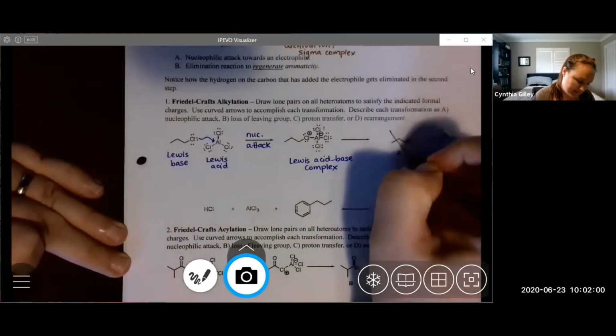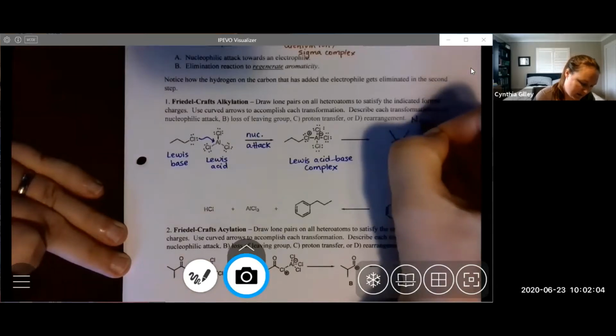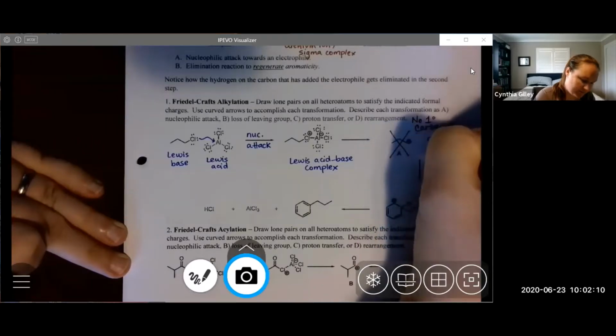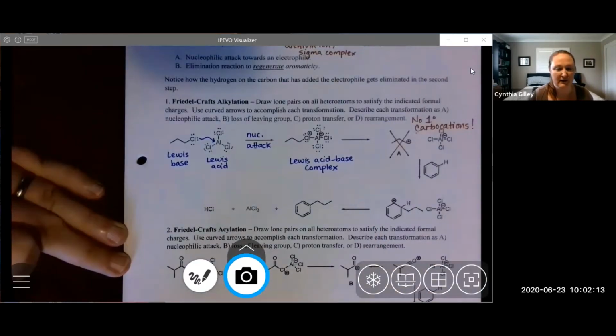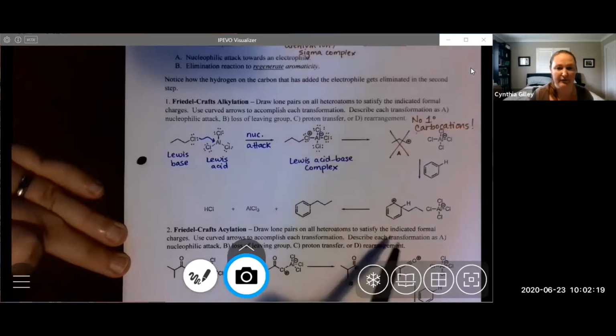But I'm not going to do that, okay, because I always teach my students no primary carbocations. They are too unstable to form. Okay, so we are not going to do that. Instead, we can go directly from here to here in one step and avoid forming a primary carbocation.